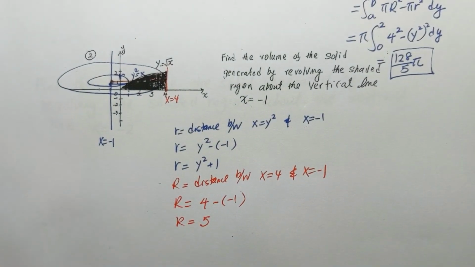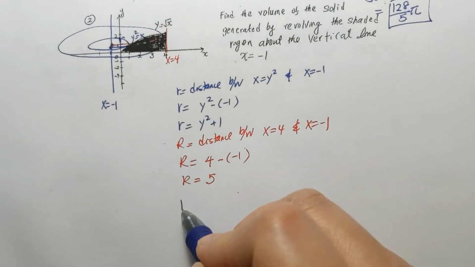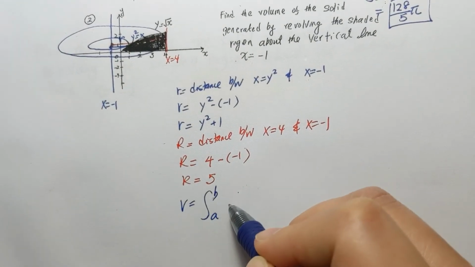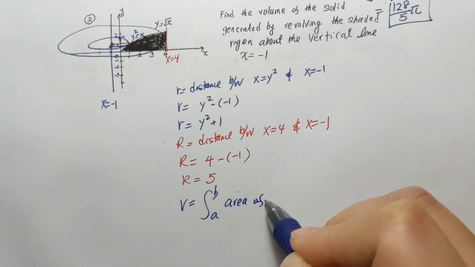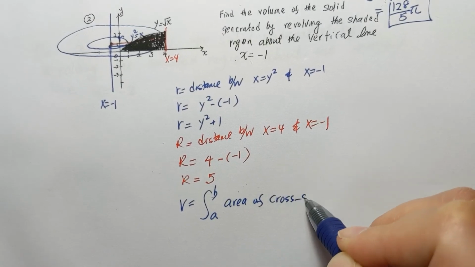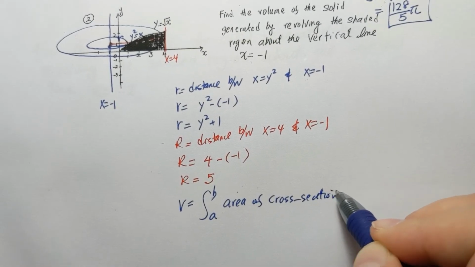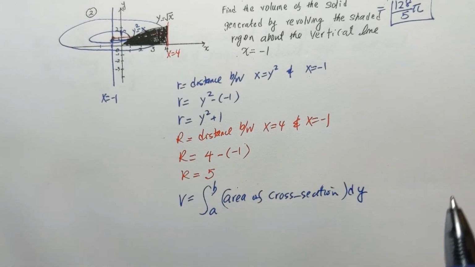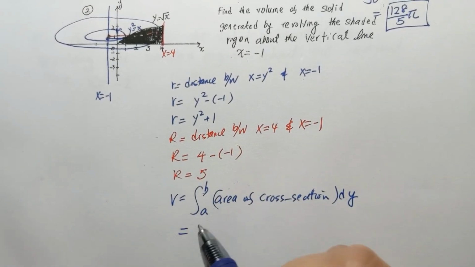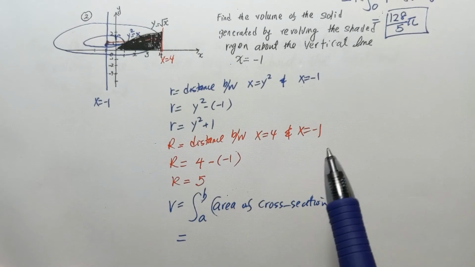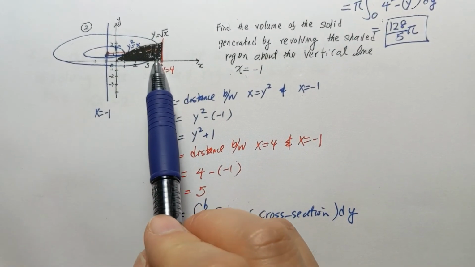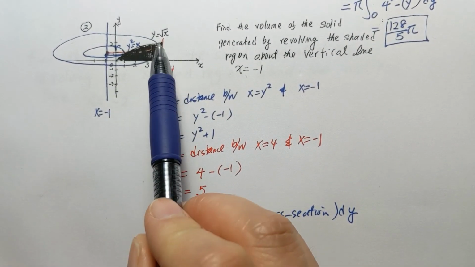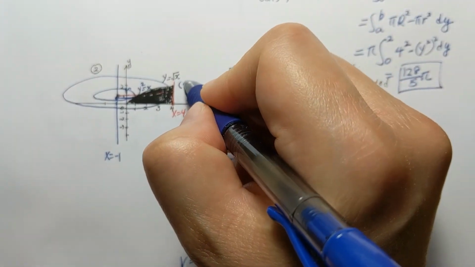Okay, so very similar to what we did before. Volume equal to integral a to b, area of cross section, dy. That's the only difference. Now we are going to find the smallest and the biggest y value. So the smallest is y equals 0. The biggest is 2.